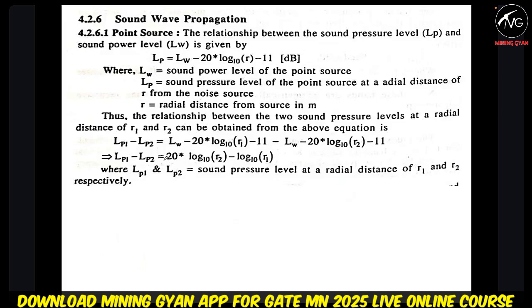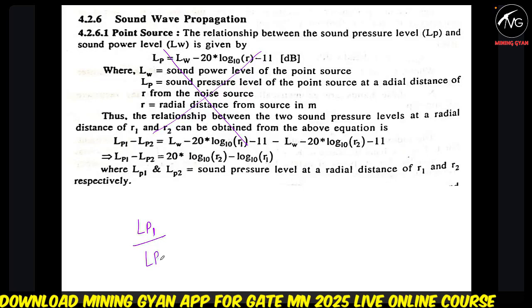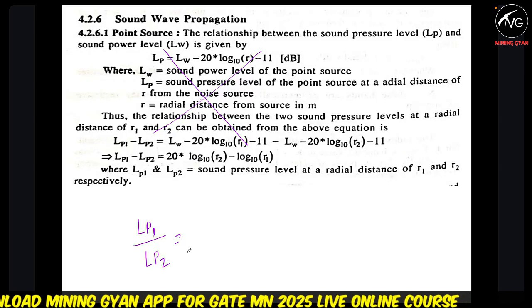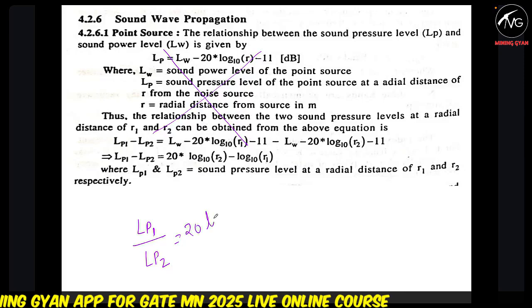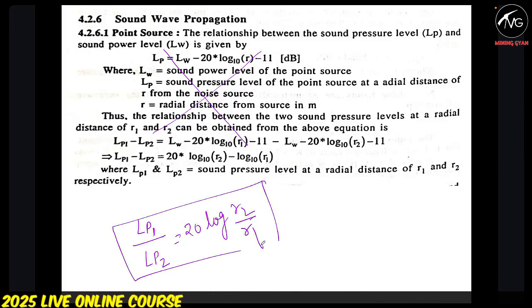Point source, I think this is what we have discussed in the last slide, and just remember these 2 points. If there are two point loads, then their ratio LP1 by LP2 will be 20 log R2 by R1. Just remember this fact.